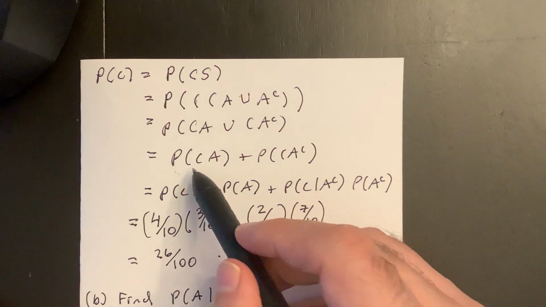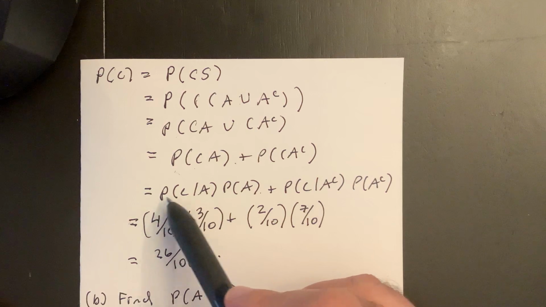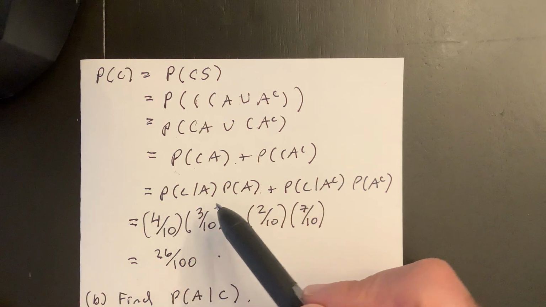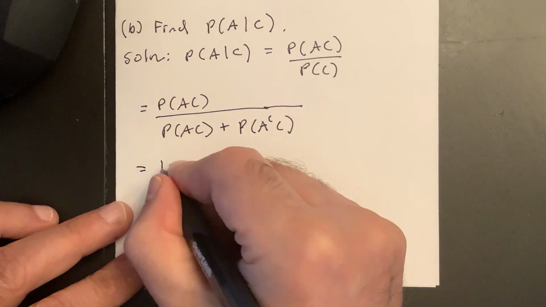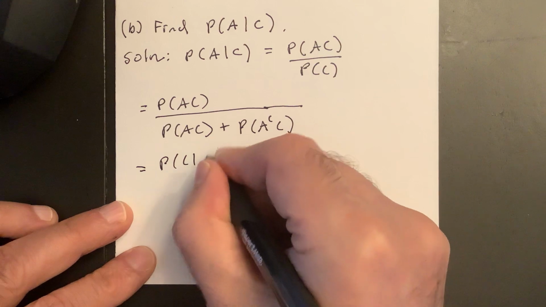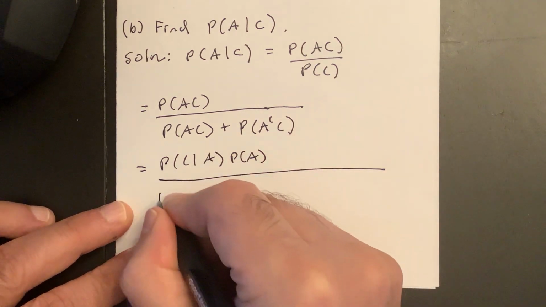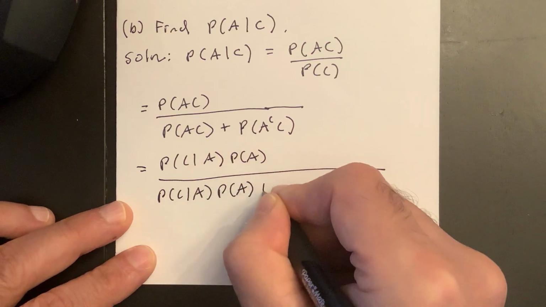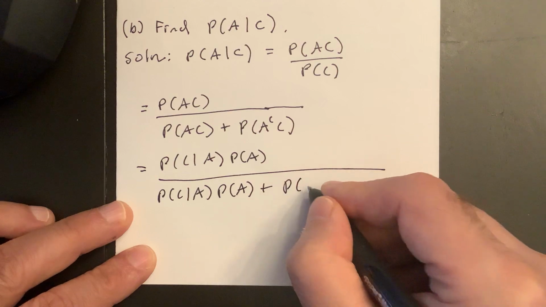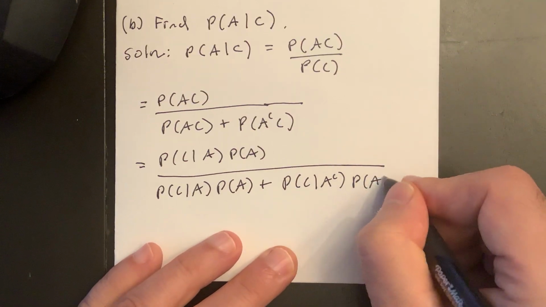P(A∩C) is the probability they're accident prone times the probability they file a claim given they're accident prone. Okay, so let me just do it again quickly since it is a new video. So this is equal to the probability they file a claim given they're accident prone times the probability they're accident prone, plus the probability they file a claim given they're not accident prone times the probability they're not accident prone.